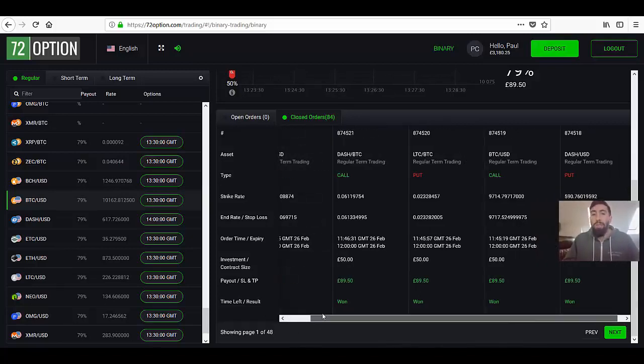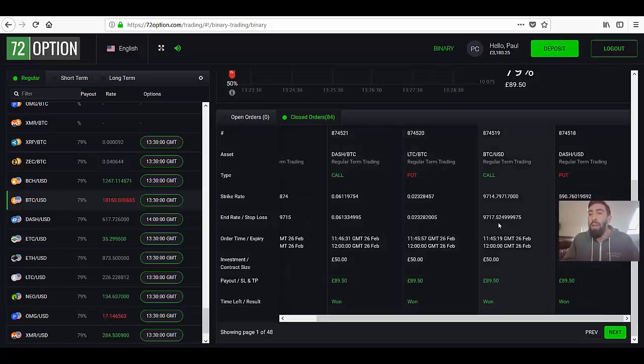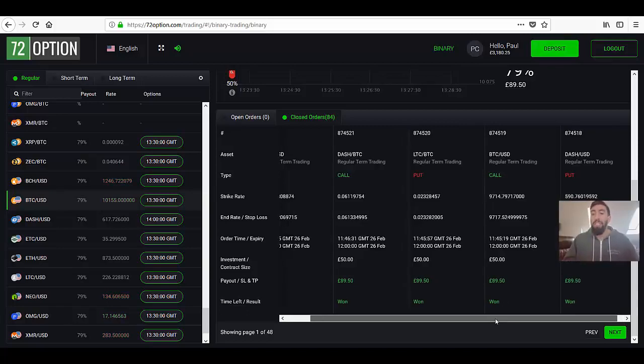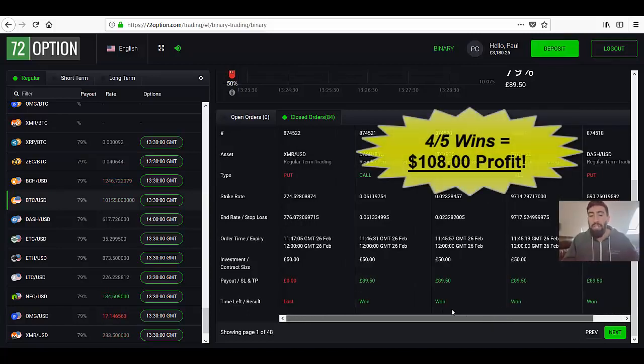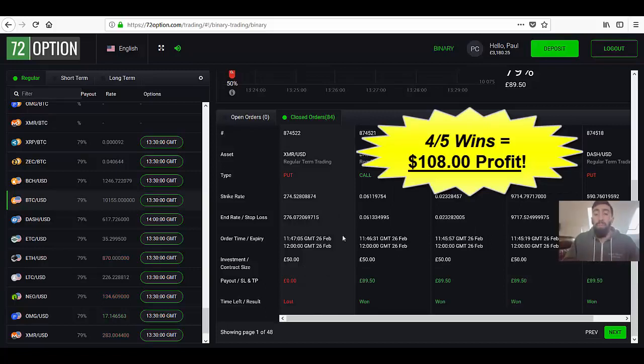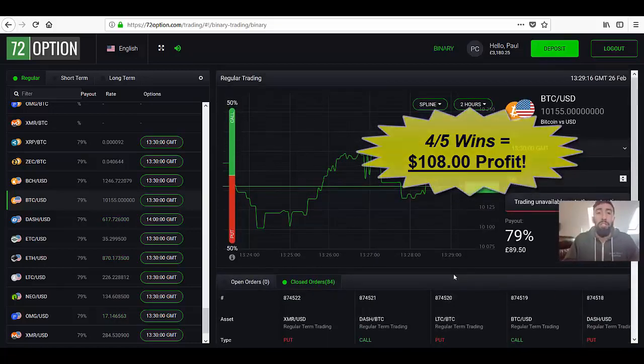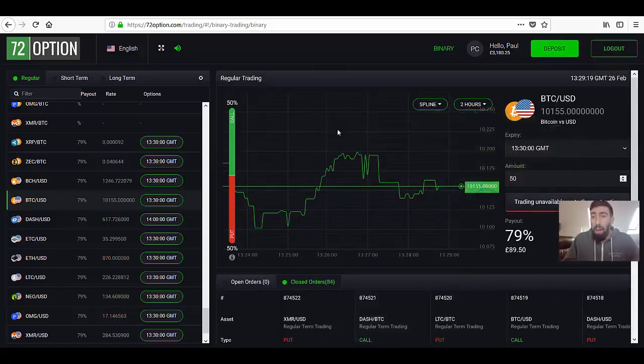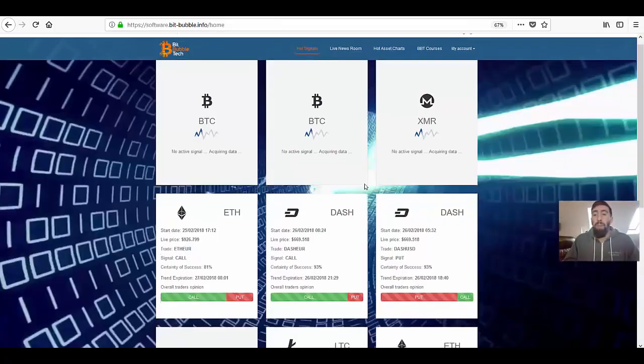We have 4 other trades involving the Dash, Litecoin, Bitcoin versus US dollar, and Dash versus the USD. And as you can see, we had a profitable trading session. So with 4 winning trades and only 1 loss, we made a total profit so far of $108, which is a great way to start, guys. And again, this is all just by following the signals that are automatically provided for us by BitBubble Tech.